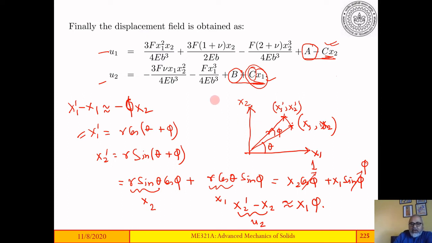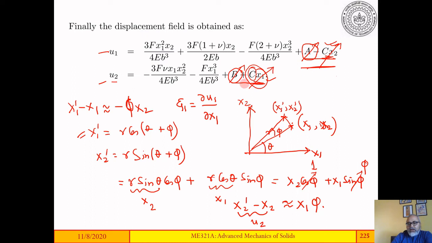If you now calculate epsilon 11, you will see that del u1 del x1: this will cancel out, this will obviously cancel out, and this will also differentiate out because this contains x2. Similarly, if you do del u2 del x2, this will go to 0, and this will of course go to 0.